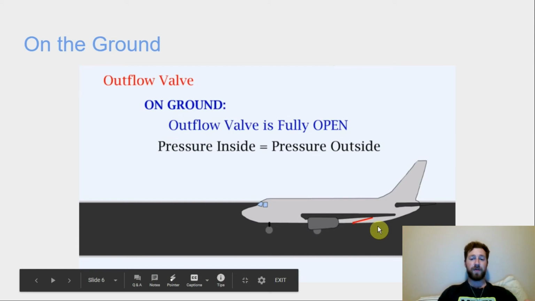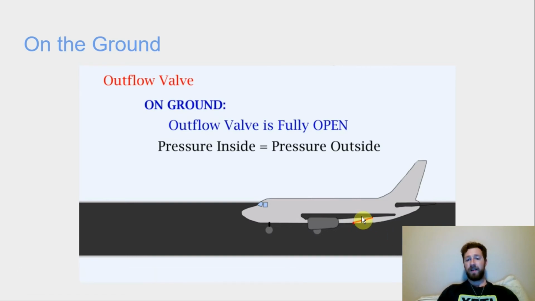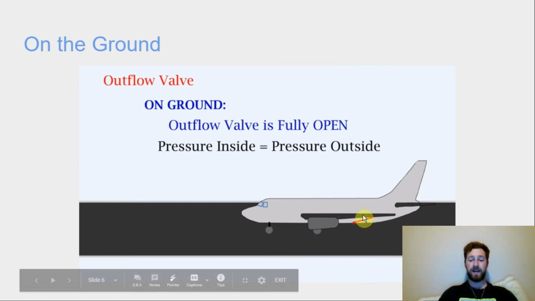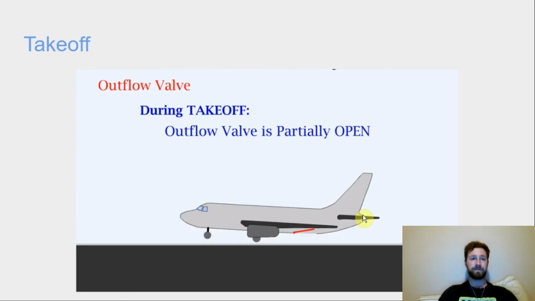That's exactly what's going on with this outflow valve here, is that we open this thing up and it lets that air go between the airplane and the outside atmosphere. So it allows the pressure to be the exact same inside as it is on the outside.